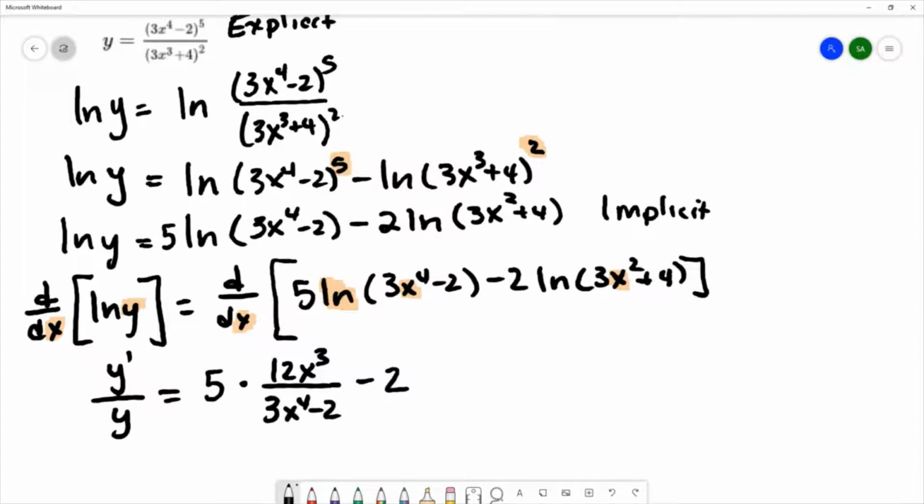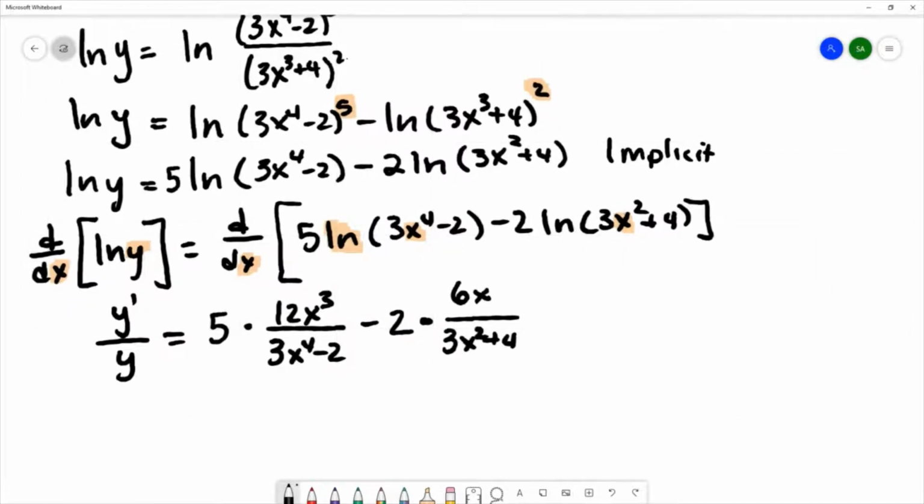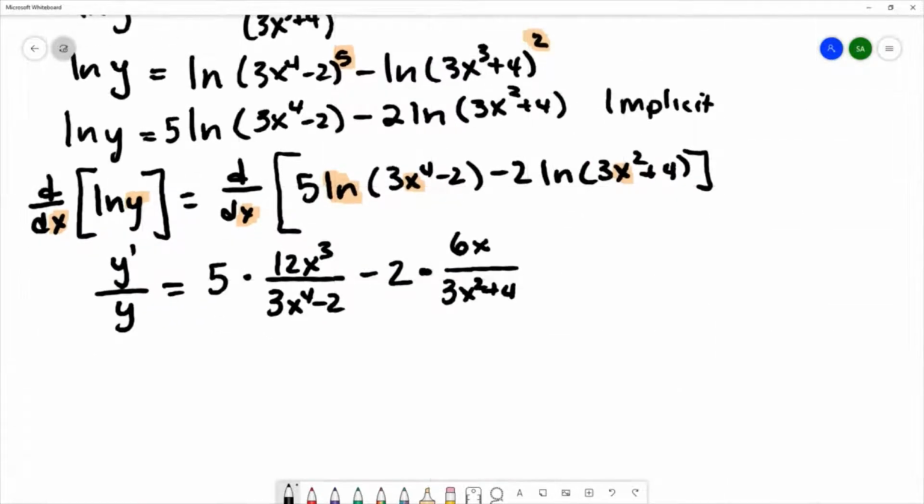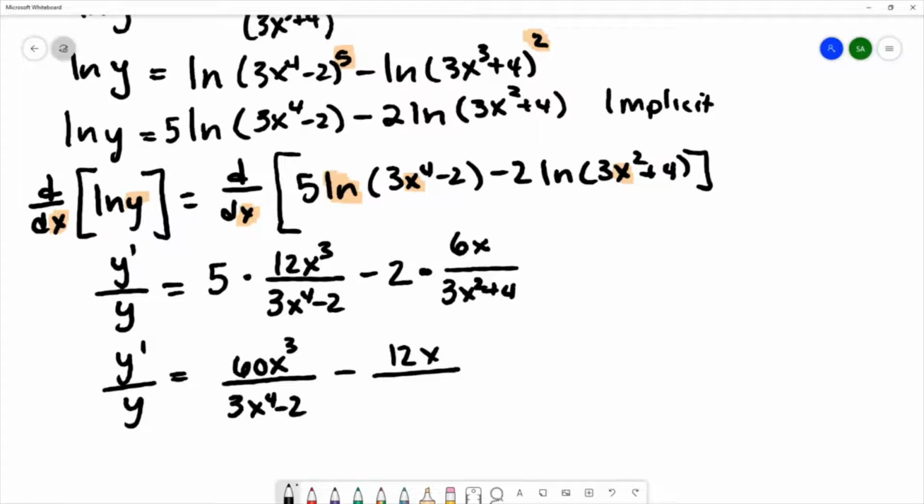The derivative of the inside is 6x over the inside, 3x^2 + 4. And I'll do a little bit of simplifying. That's y prime over y equals 60x^3 over 3x^4 - 2 minus 12x over 3x^2 + 4.